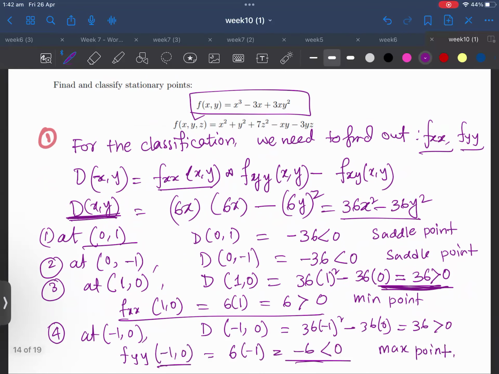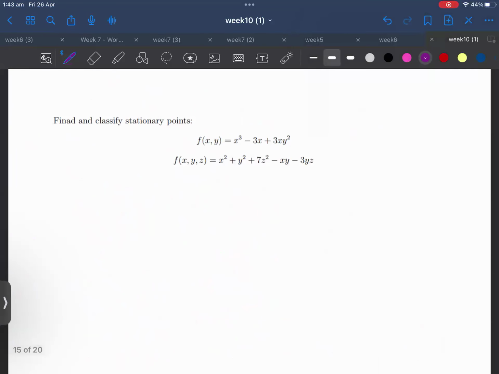Now we need to classify these stationary points using the Hessian matrix. So how do we find the Hessian matrix? Remember, the Hessian matrix is f xx, f xy, f xy, f yy. And this is a Hessian matrix.